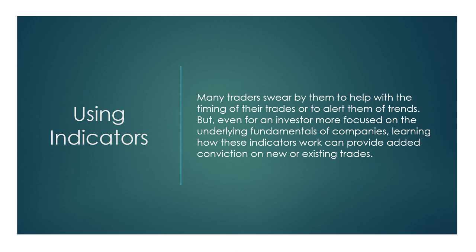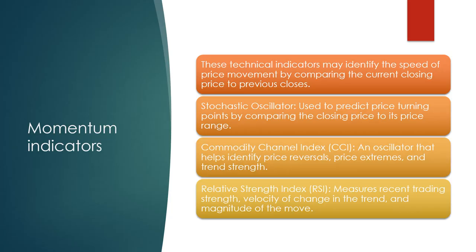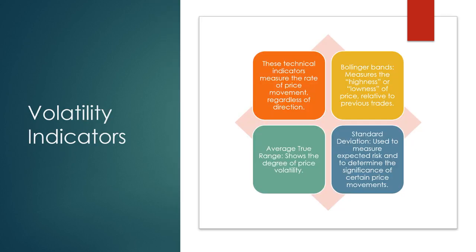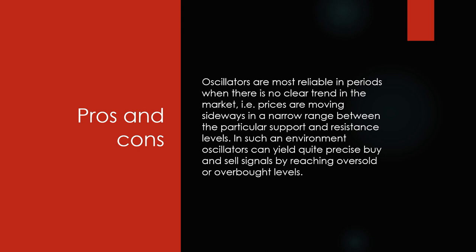Many traders swear by indicators to help with their timing of their trades and to alert them of the trends. But even for an investor more focused on underlying fundamentals of companies, learning how these indicators work can provide added conviction on new or existing trades. So we have trend indicators, momentum indicators, volatility indicators, and volume indicators, and all of these help us make decisions.